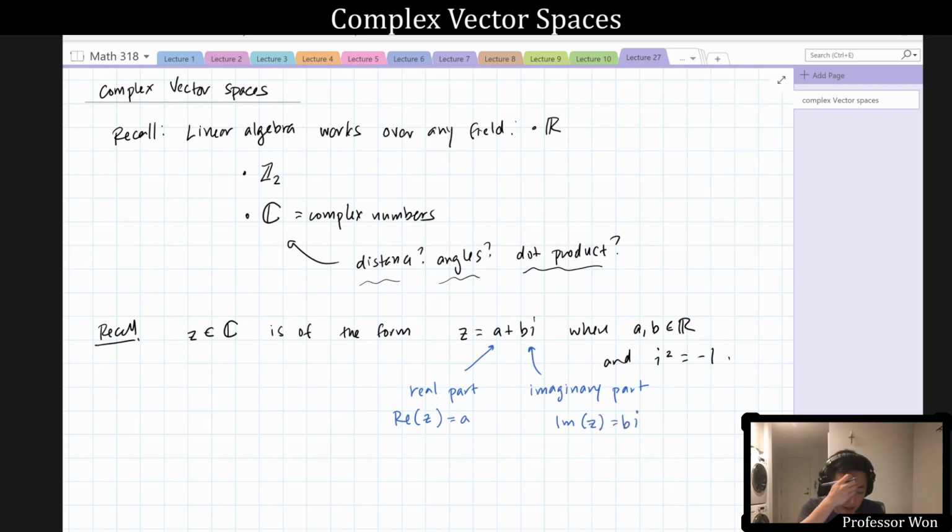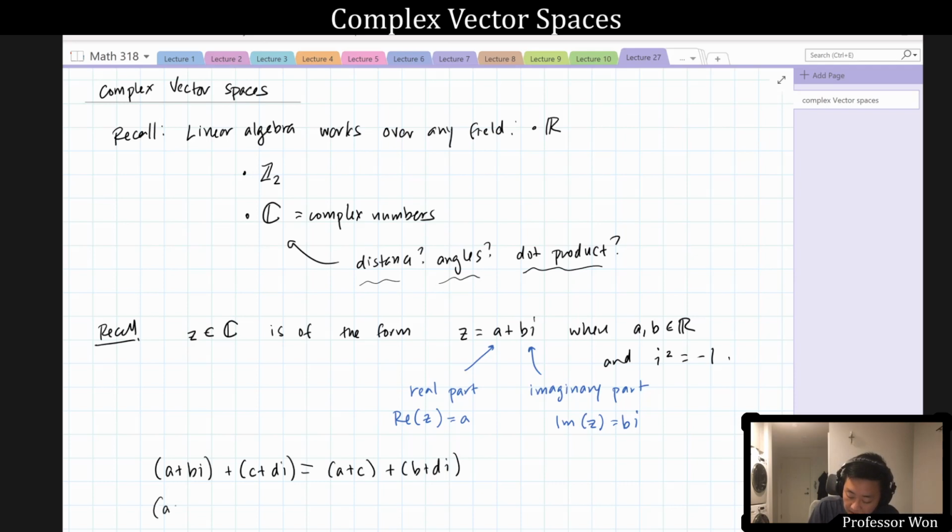Okay, so we'll need to talk about things like that sometimes. And the sum and product of complex numbers. So every complex number looks like this. You just add the real parts, and you add the corresponding imaginary parts.